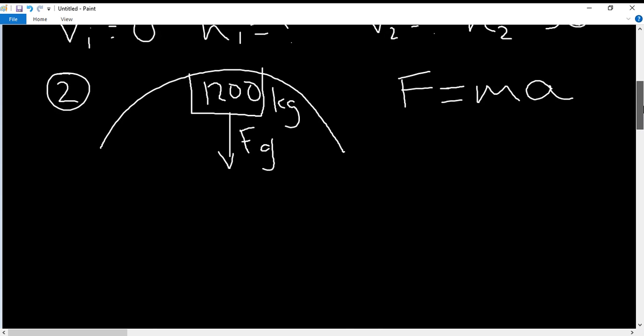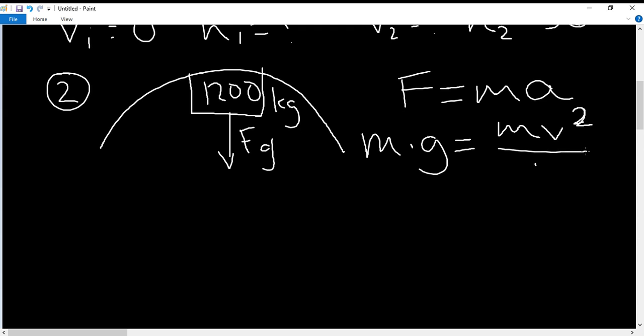The force of gravity is equal to weight, which is mass times gravity. And for centripetal acceleration, we'll rewrite it as mass times velocity squared over our radius, since this is a loop that we're going through.